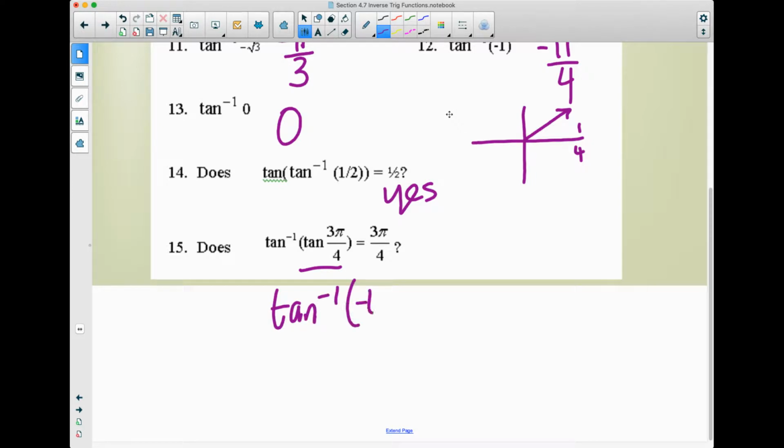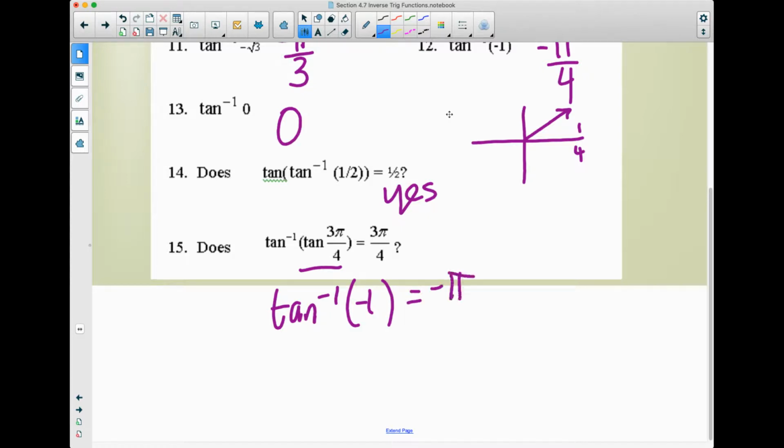A lot of people would have been like, well, wait, you're not allowed to be at 3 pi over 4. I'm not asking you to find the inverse at 3 pi over 4. I'm telling you to evaluate what is tangent at 3 pi over 4. Now we turn around and say, where is tangent negative 1 on this? Negative pi over 4. So no, this is not true.